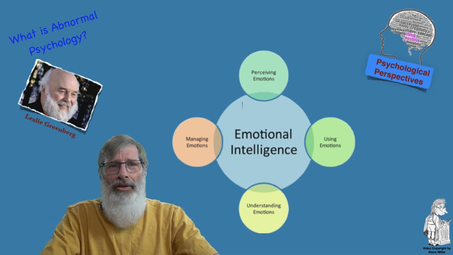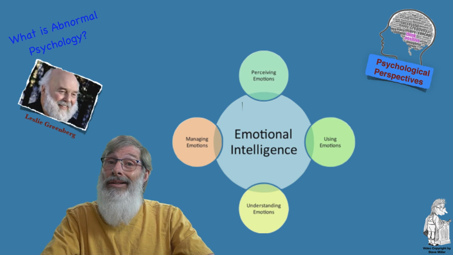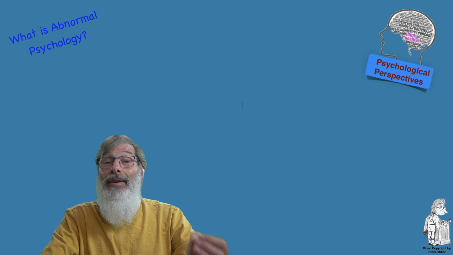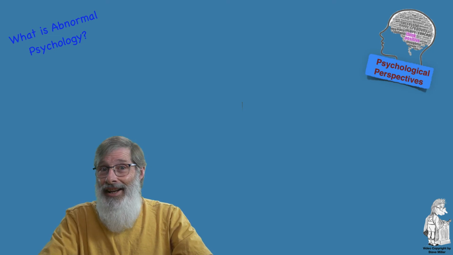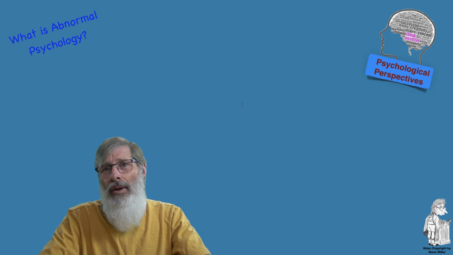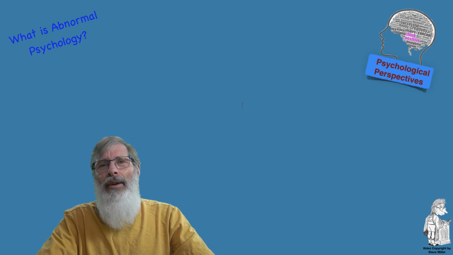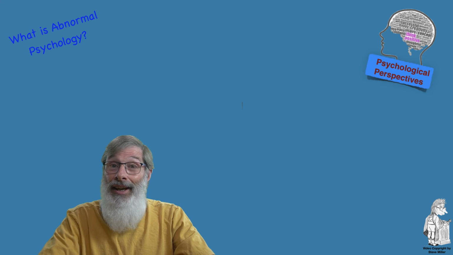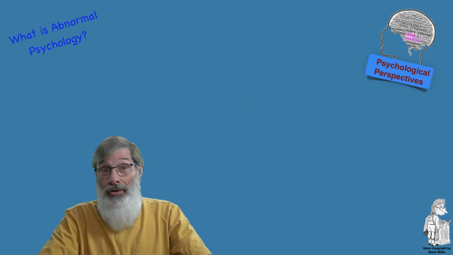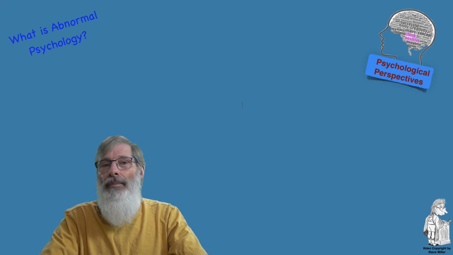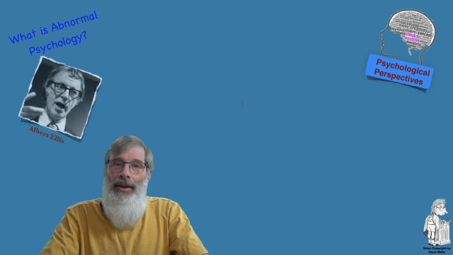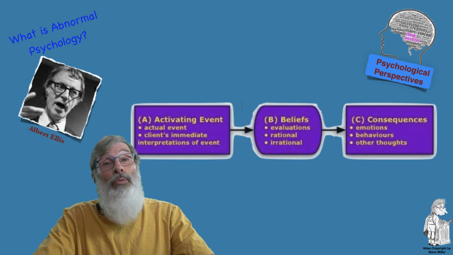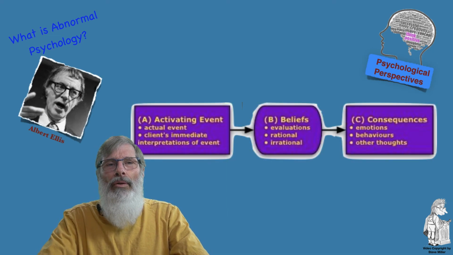Now, lastly, under the psychological perspective is the cognitive behavioral perspective. The focus here is the thoughts, beliefs, expectations, and attitudes that are associated with or underlie abnormal behavior. Essentially, how our thinking can and does influence our emotional state and our actions. Albert Ellis used what is known as an ABC approach to explain root causes of people's troubles.